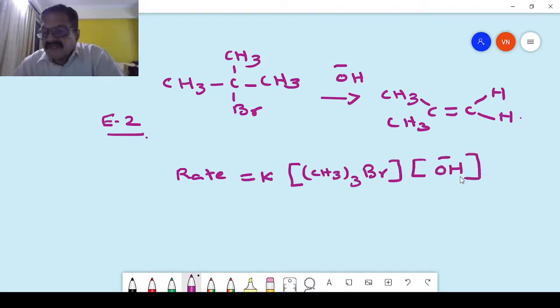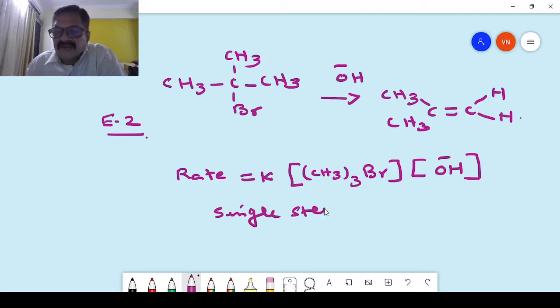That is second order kinetics, a bimolecular concerted reaction. All bonds are broken and formed in a single step. E2 is a single step reaction.